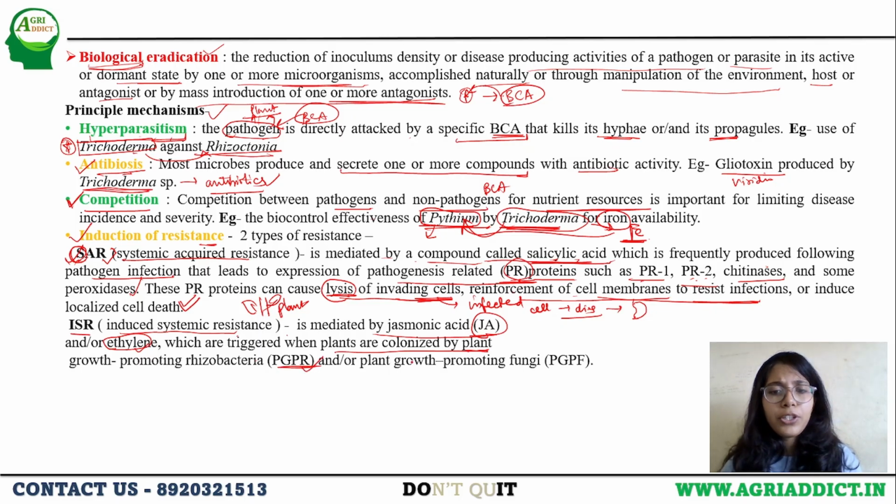These are the beneficial organisms, and when these organisms occupy a plant, it releases jasmonic acid and ethylene that induce a systemic resistance in the plant, and that later helps to resist the attack by the plant pathogen.